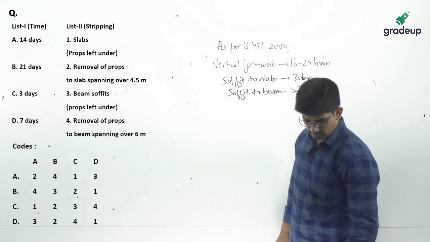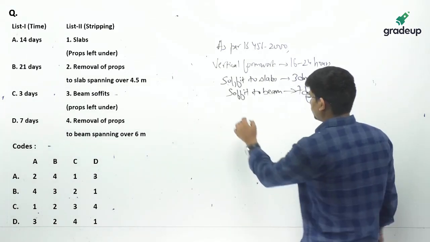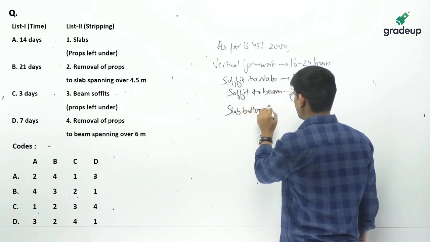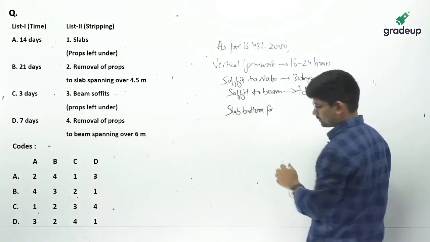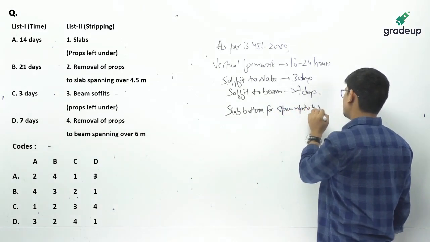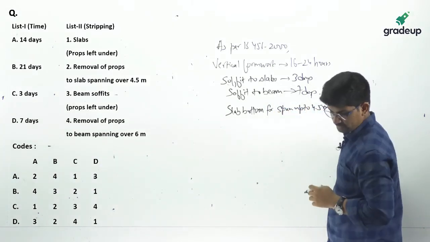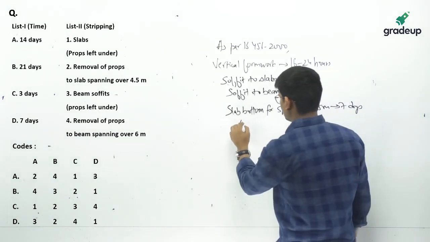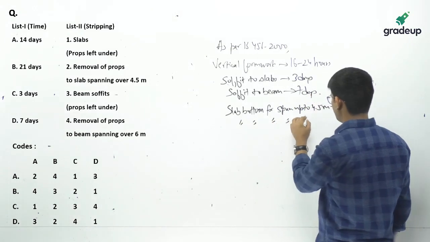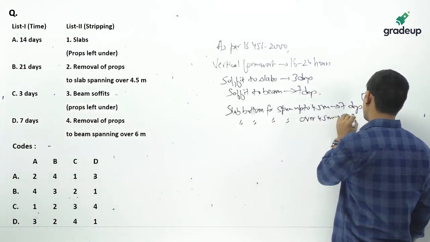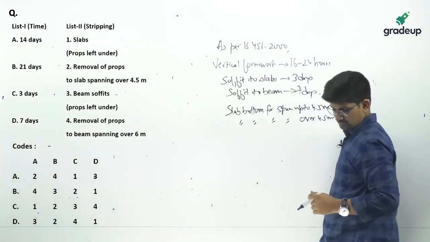Okay, slab bottom for span up to 4.5 meter, it is 7 days. Then slab bottom for span over 4.5 meter is 14 days.